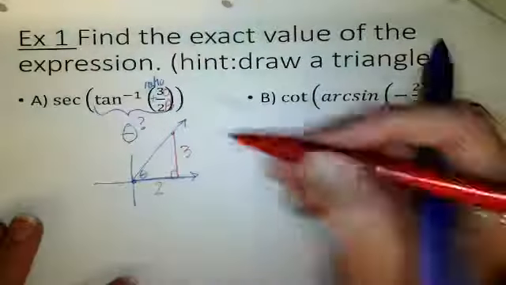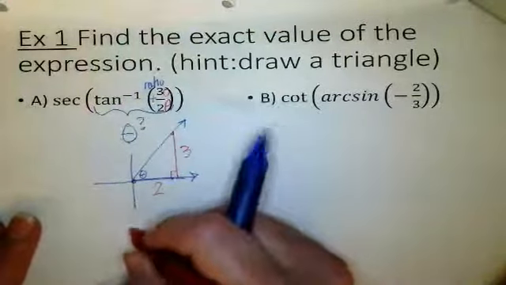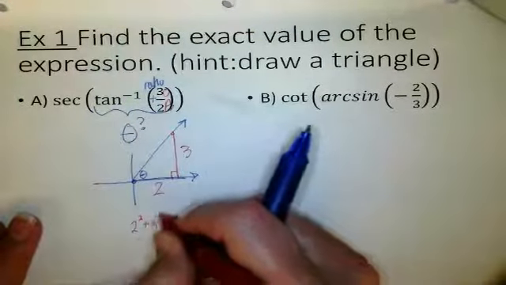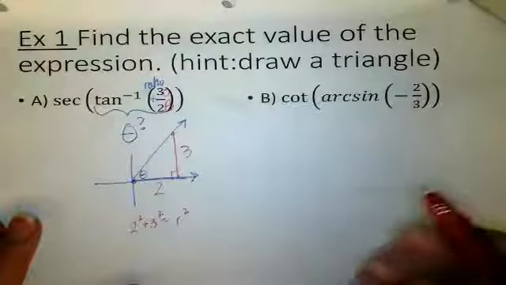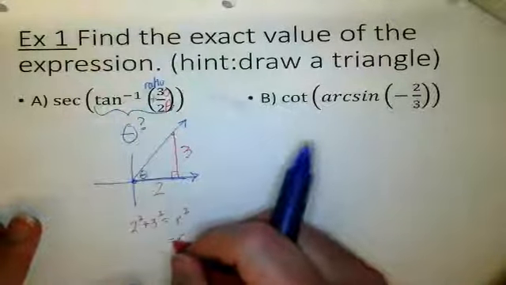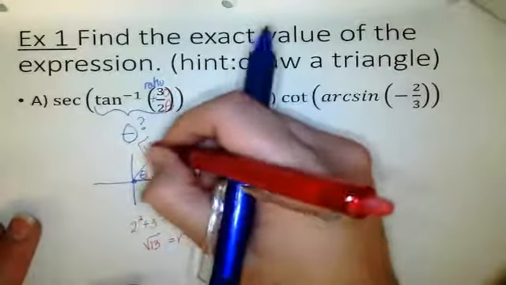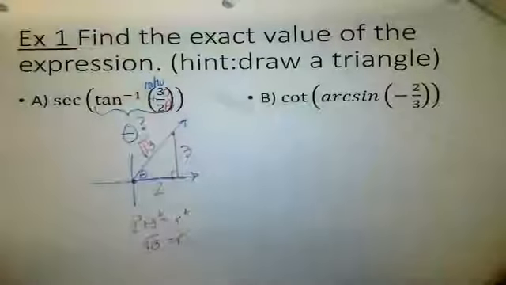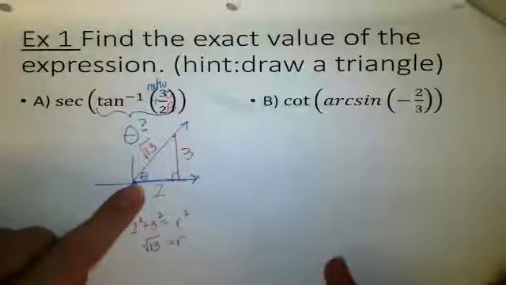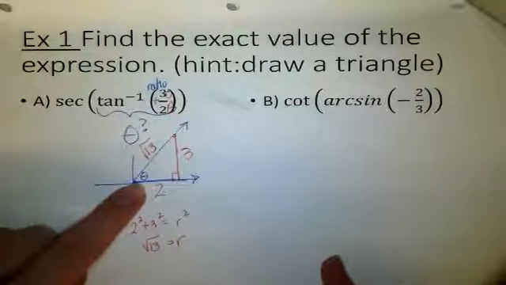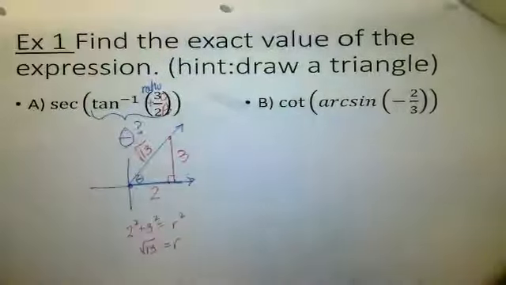You've done this before, right? Nothing new here. 2 squared plus 3 squared equals our radius squared. So 13, radical 13, very good. There's the angle that has a tangent ratio of 3 over 2.